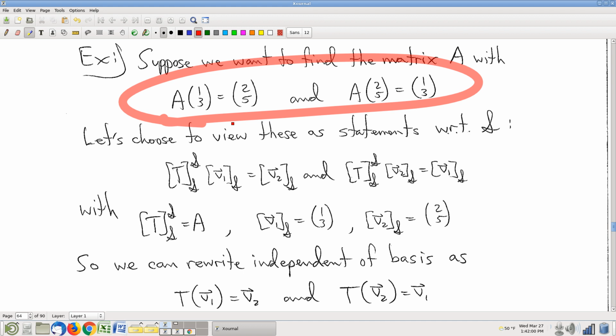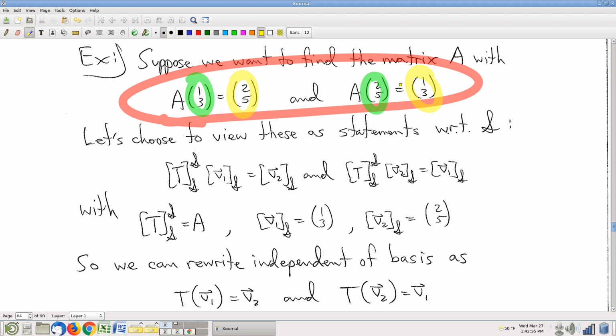What you might say is a peculiarity of this example is that the vectors that are convenient for inputs happen to be the exact same two vectors as the vectors that are convenient for the outputs. Right? 1, 3, and 2, 5 are the input vectors. I know how to multiply A times 1, 3, and 2, 5. I would like to write all of my outputs in terms of 1, 3, and 2, 5, because there they are. Right?